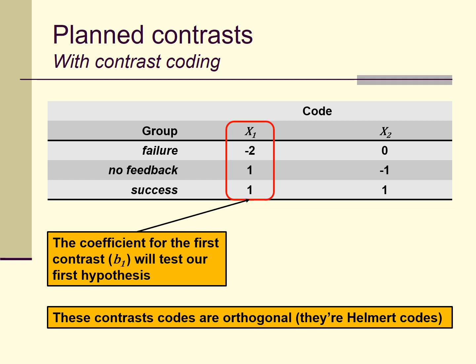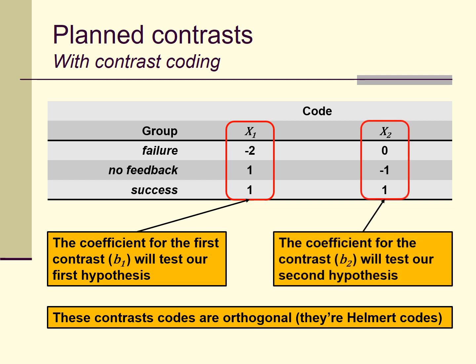So the coefficient for this first predictor variable will test our first hypothesis quite nicely, the idea that the failure group will differ from the average of the no feedback and the success group. And the coefficient for the second coding variable will test our second hypothesis. That's of course why I chose them that way.